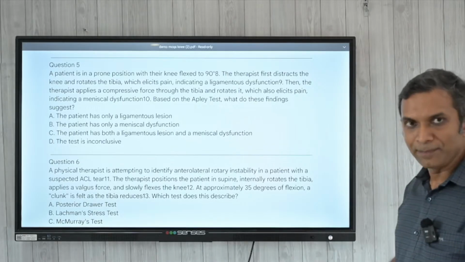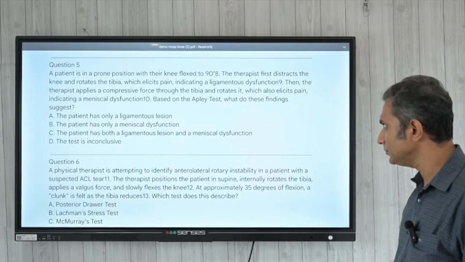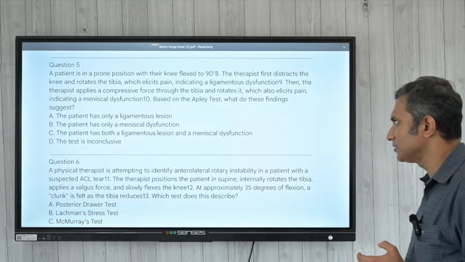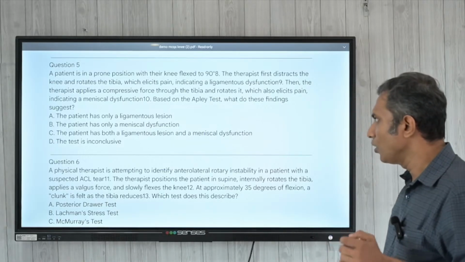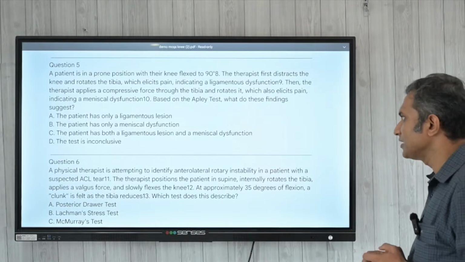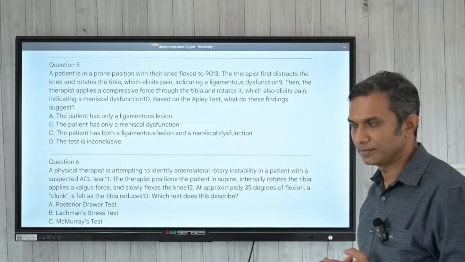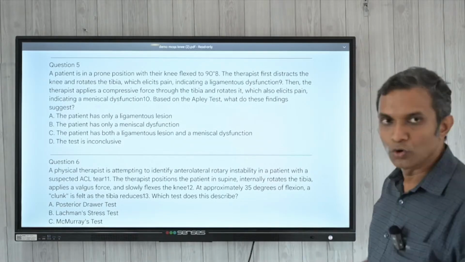Based on Apley's test, what do these findings suggest? Option A, the patient has only ligamentous lesion. Option B, the patient has only meniscal dysfunction. Option C, the patient has both ligamentous lesion and meniscal dysfunction. Option D, the test is inconclusive.